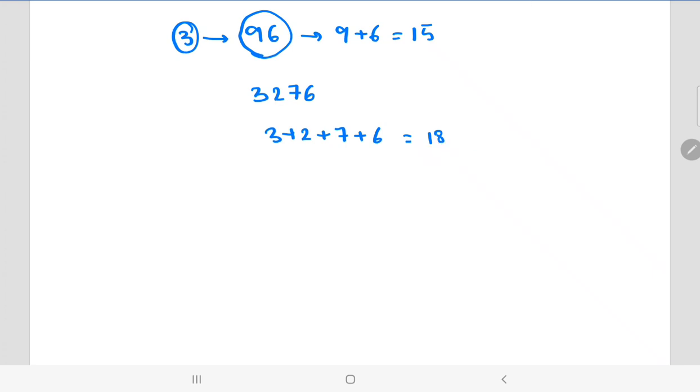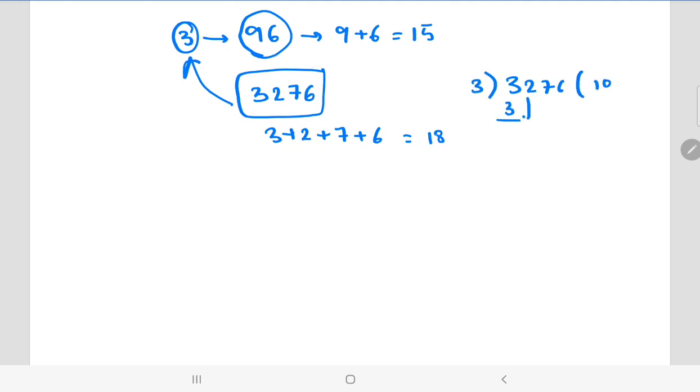We know that. So what you can conclude is the whole number is divisible by 3. You can also check that. Let us check that now. 3 2 7 6. 3 1s are 3. 0s are 0. 9 3s are 27.